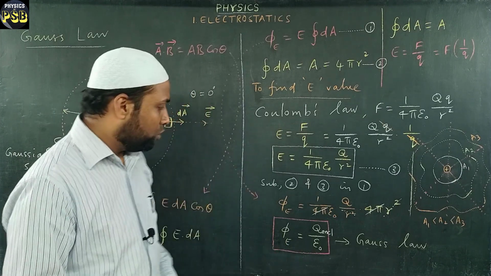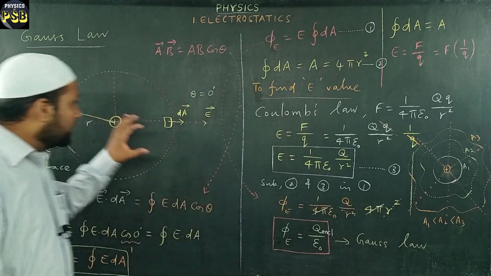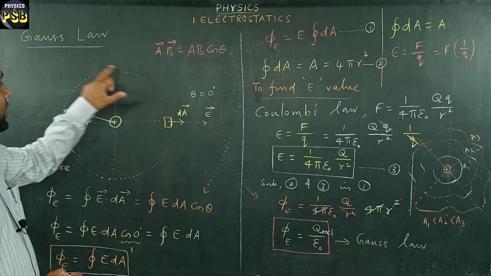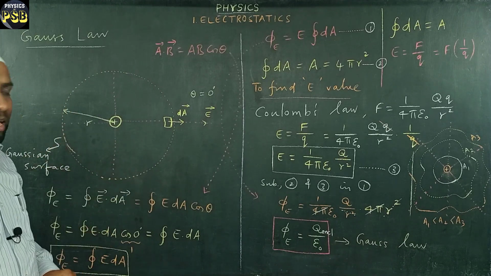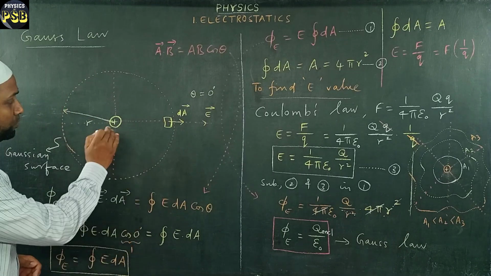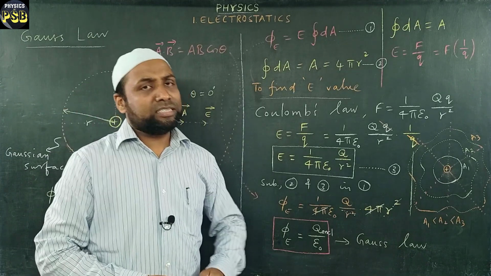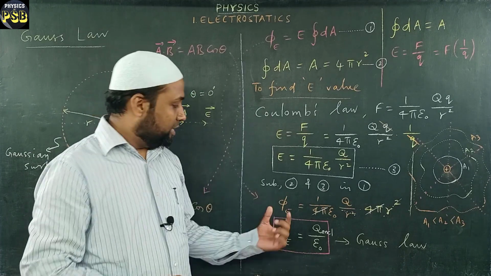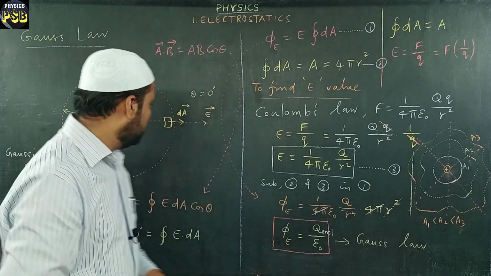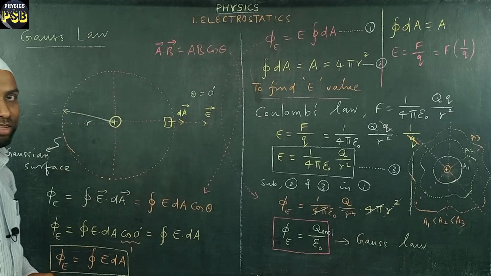Then, one more thing you need to know is, the charges that are present inside this closed surface can be present anywhere. It is not necessary for them to be present only at the center. So, from this it is clear that the electric flux is independent of the location of the charge inside the closed surface.